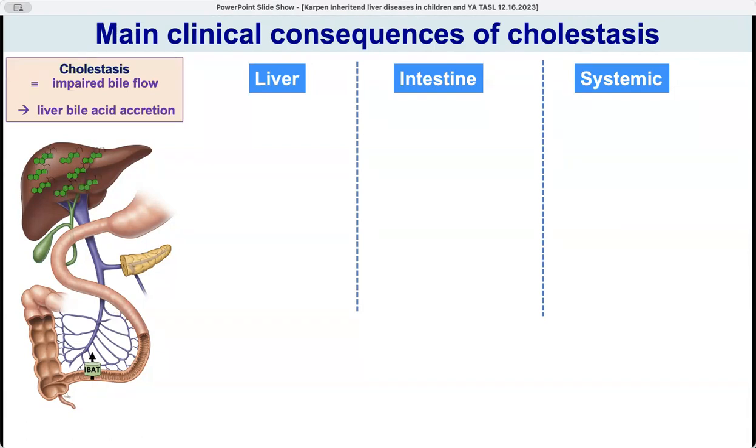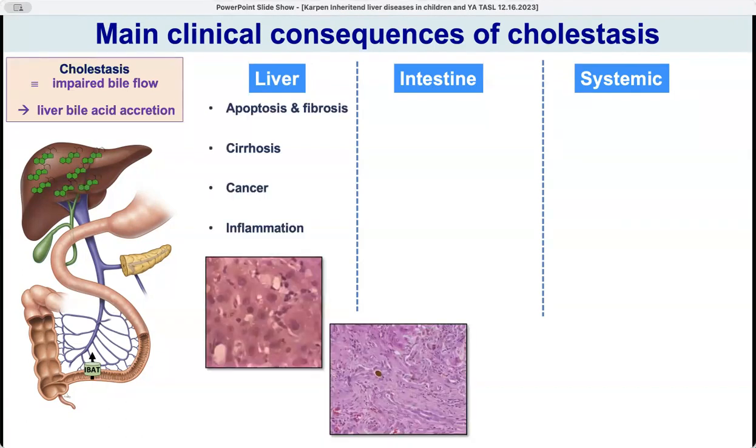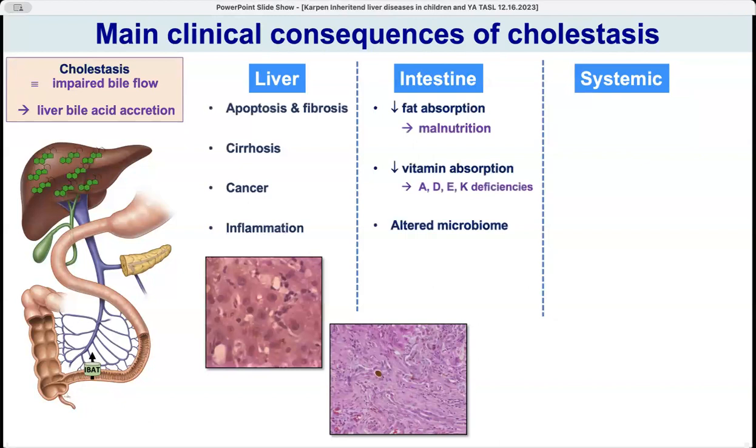Well, what happens? Well, we'll start with the liver. Everybody knows this. You have apoptosis and fibrosis, cirrhosis, predispositions to cancer, which I think is quite important, and of course, ongoing inflammation. These are on steroids, quite frankly, in concept, meaning that they increase in amount in the neonate.